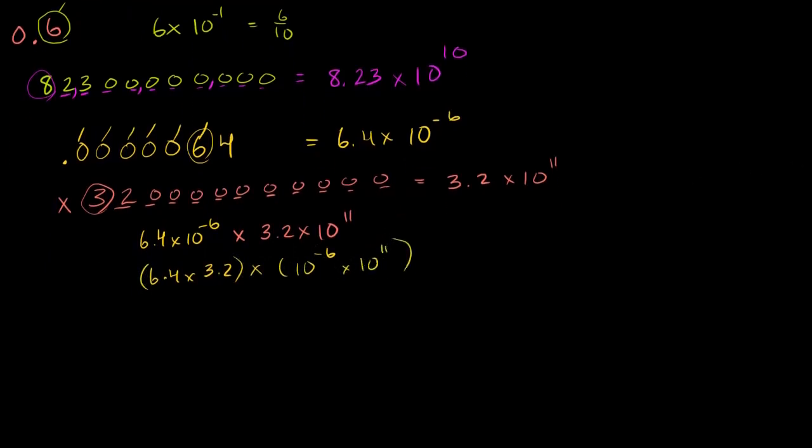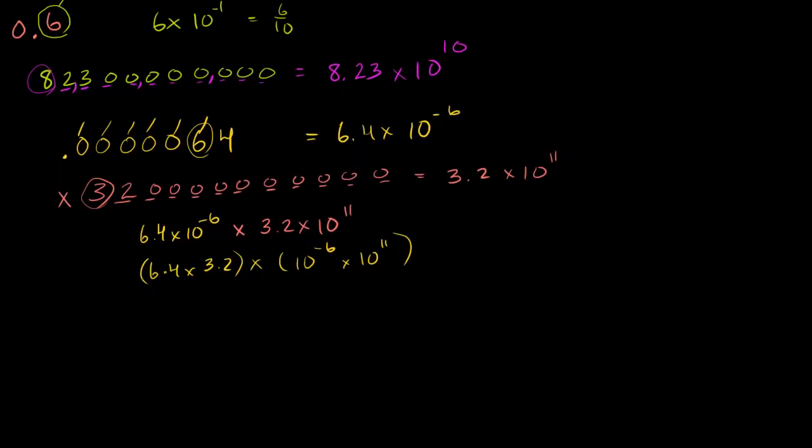And now what will this be equal to? Well, I don't want to use a calculator, so let's just calculate it. So 6.4 times 3.2. Let's ignore the decimals for a second. We'll worry about that at the end.